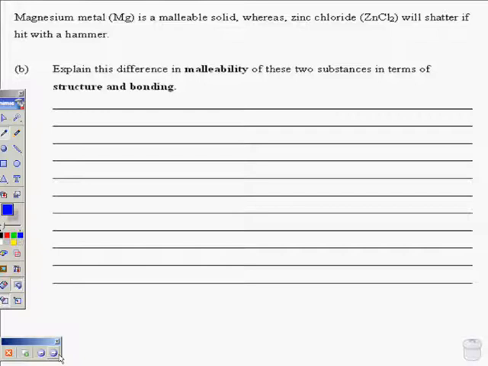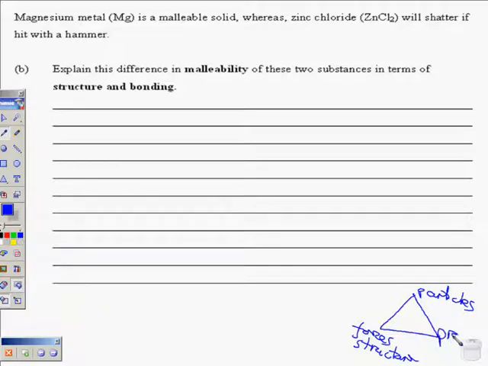Okie dokie. Magnesium. Okay. We'll start off with, we might just put a little triangle in here again. Particles, forces, structure, whatever. And then the properties. Props.